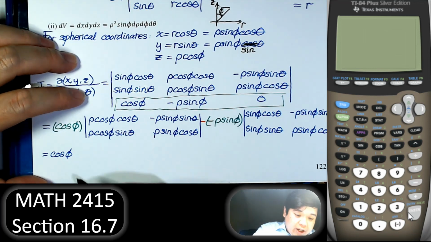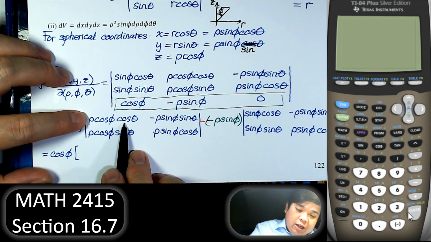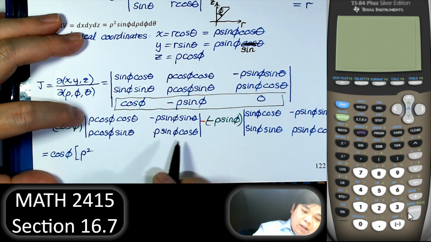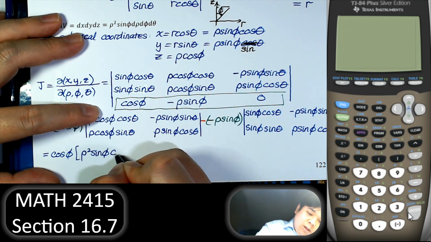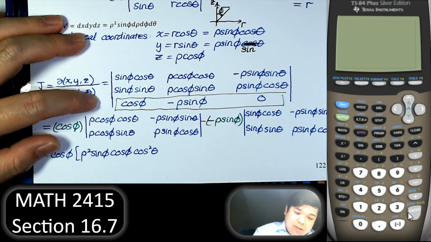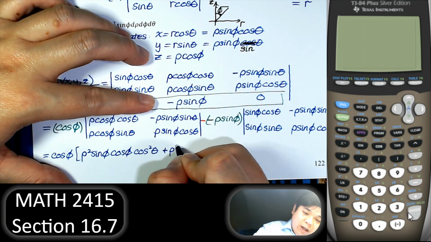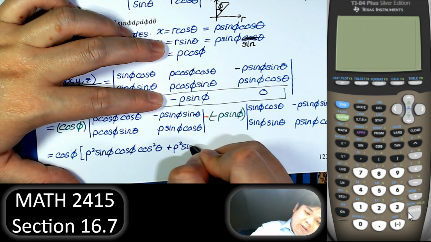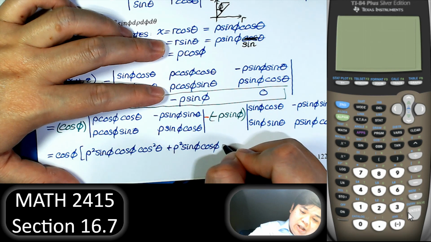Now cosine phi here, and rho cosine phi here. Now multiply: this cosine square theta, so we have rho square sine phi cosine phi and then cosine square theta. The other direction, negative negative, so that's a plus rho square. We have sine phi cosine phi here, right? Sine phi cosine phi and then sine square theta.